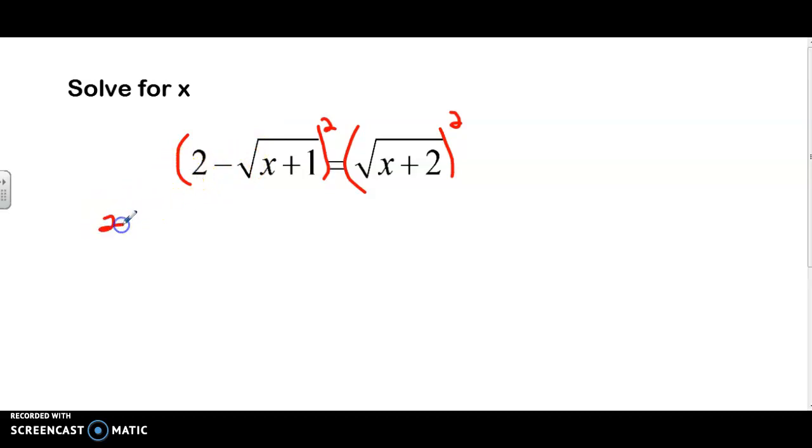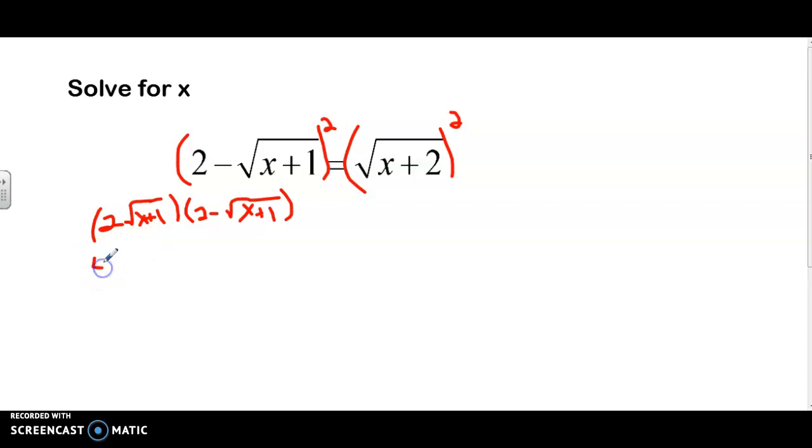So now we have to do the FOIL method. We're going to have 2 minus the square root of x plus 1, times 2 minus the square root of x plus 1. And we're going to have to do the double distributive property.